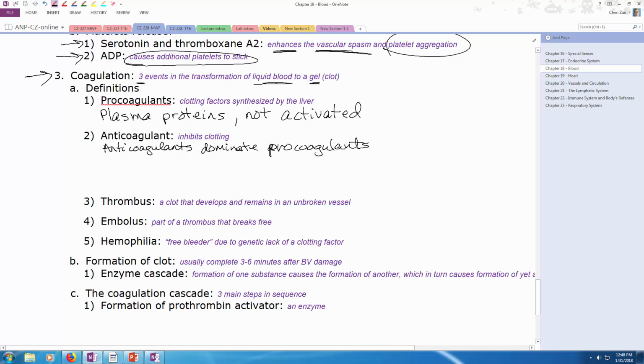You'd rather have more anticoagulants floating around in your bloodstream when nothing's happening than procoagulant clotting factors. And when people get an imbalance, then they have a clotting problem and they can die from this, but because of medical intervention, they'll give them more anticoagulants to actually take care of them. And so what are the anticoagulants that we'll give to people to help them if they have too many active procoagulants floating around in their bloodstream?